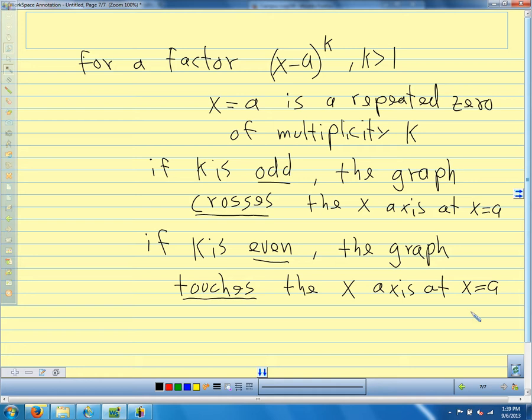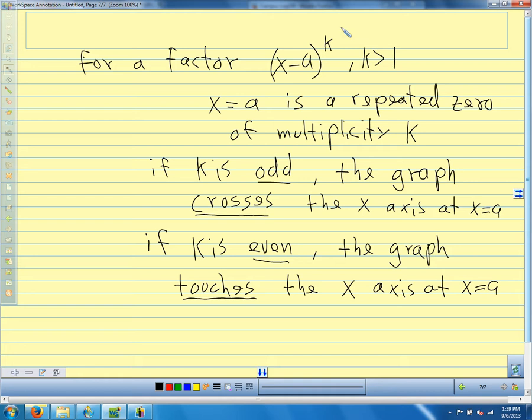So we can tell if our graph crosses the x-axis or touches the x-axis at a 0 based on the multiplicity of the root. So if we think of a line, any solution to a line is going to have multiplicity 1. So a line can only cross the x-axis.